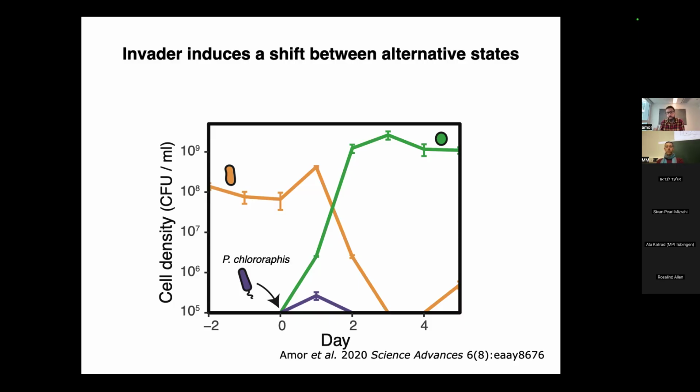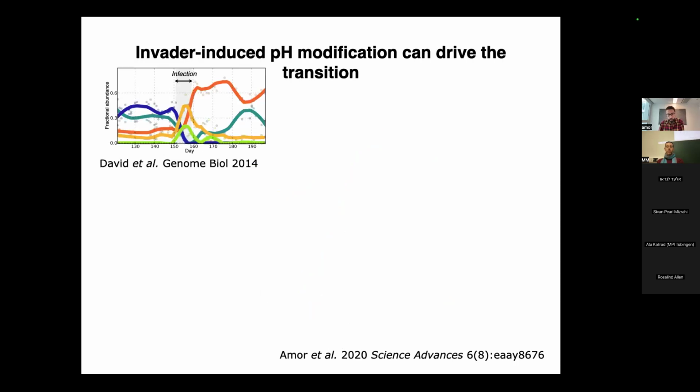So we have a transition towards the stable state in which now the green one is winning. And this actually reminds us of the example I was giving in the introduction, in which in a much more complex system, the passage of one microbe, in this case the pathogen, had changed the state of the community.